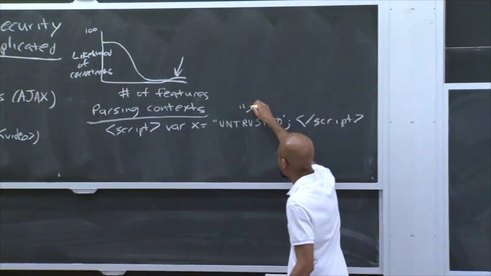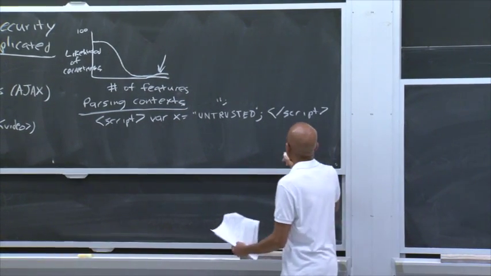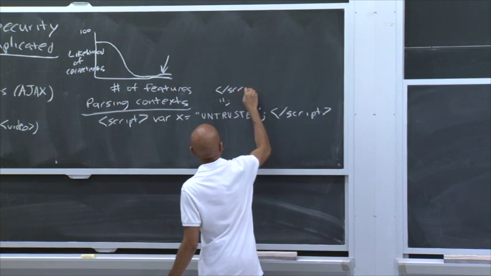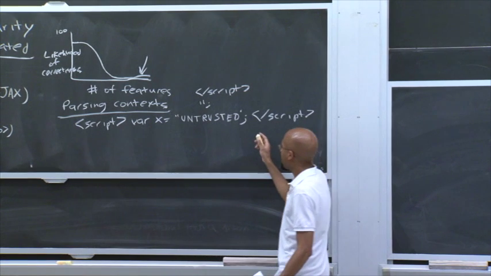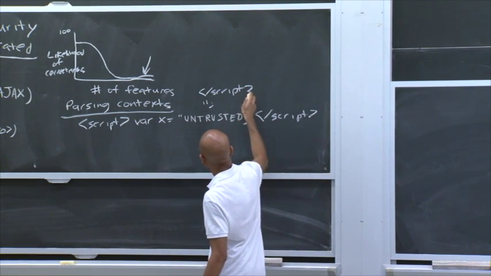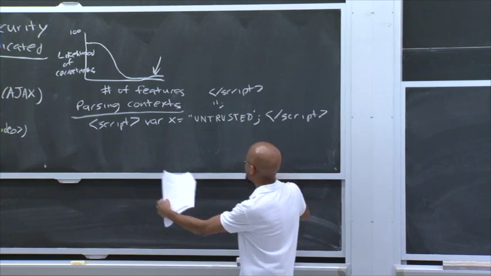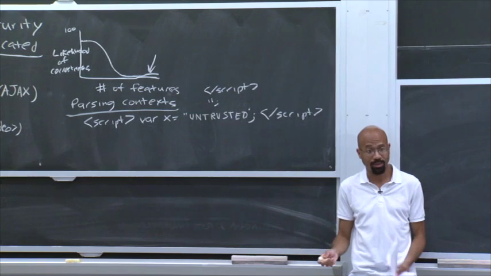Then the attacker can just put regular JavaScript code here and go to town. Alternatively, the attacker could put a closing script tag here, and then at that point, the attacker can get out of the JavaScript context and into the HTML context, maybe define some new HTML nodes or something like that.